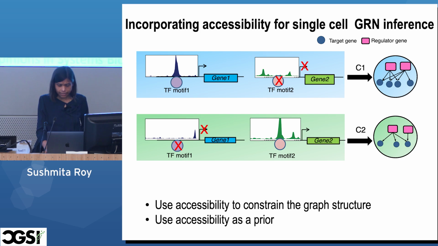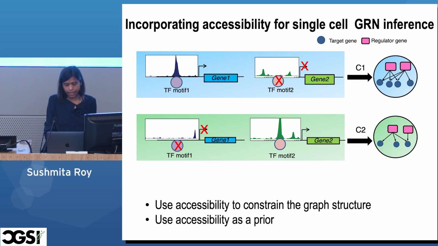So let's say that you had accessibility information for individual cell types. Here I have two cell types, C1 and C2. You could use accessibility as a way to get a graph structure. For example, you have two cell types and two genes, G1 and G2.